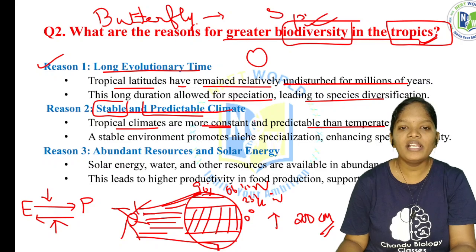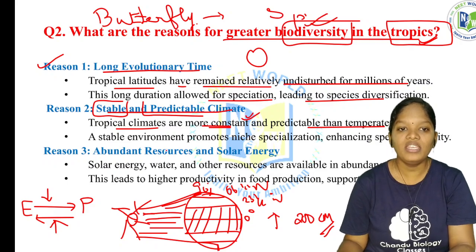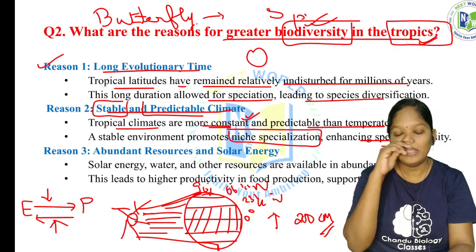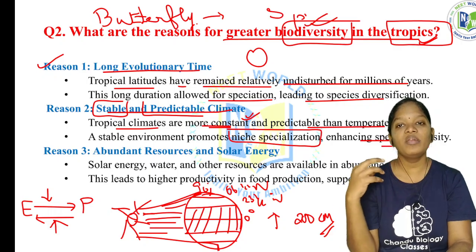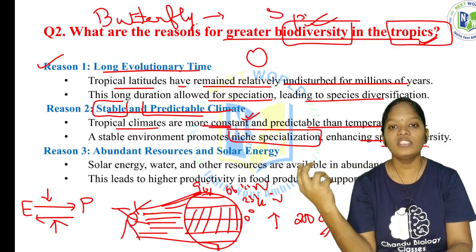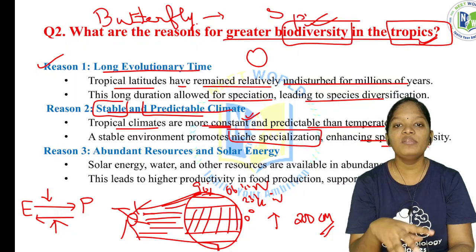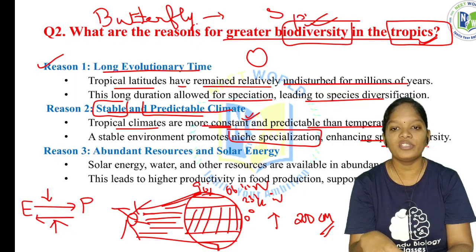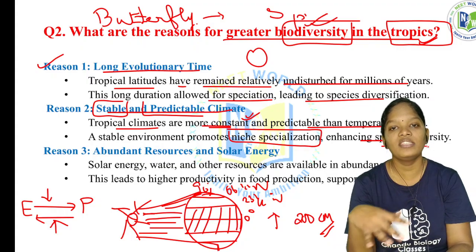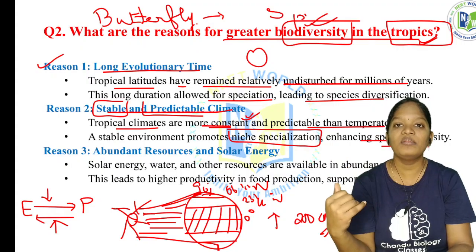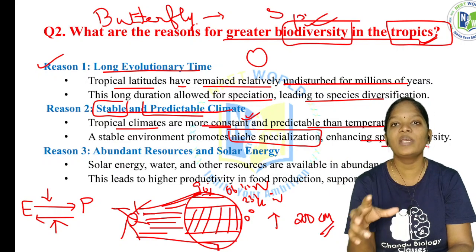A stable environment promotes niche specialization, enhancing species diversity. When it is not disturbed by invasive species, there is no spoiling of the native species, as there are no disturbances in the biotic factors. With respect to biotic as well as abiotic factors, there is a variety of species in the tropics.